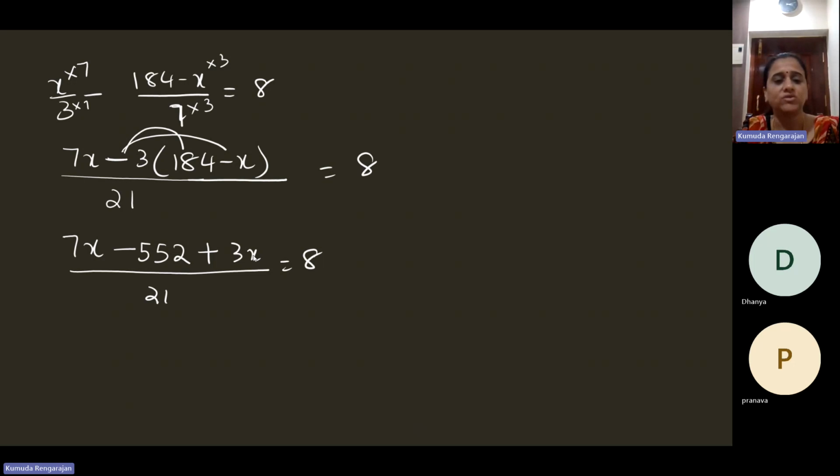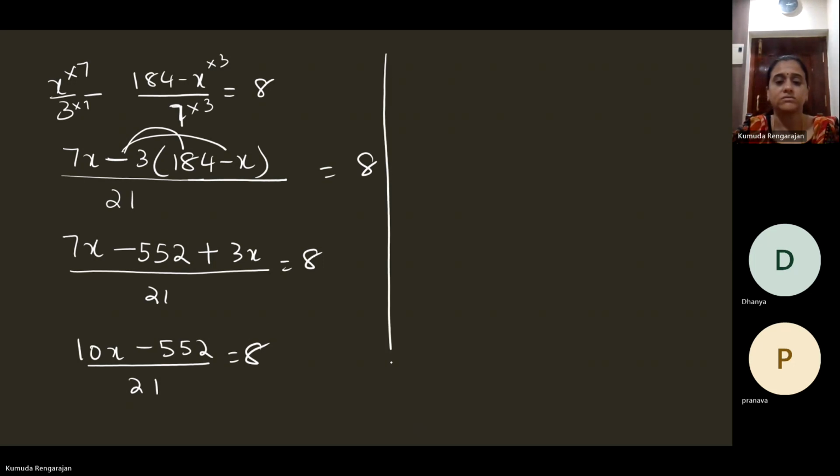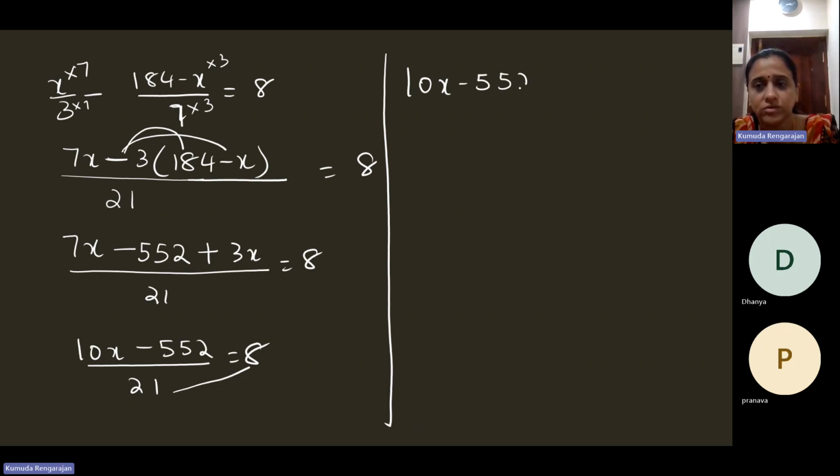Now 7x plus 3x is 10x, minus 552 by 21 is equal to 8. Now you can cross multiply. So 10x minus 552 is equal to 21 into 8, which is 168.